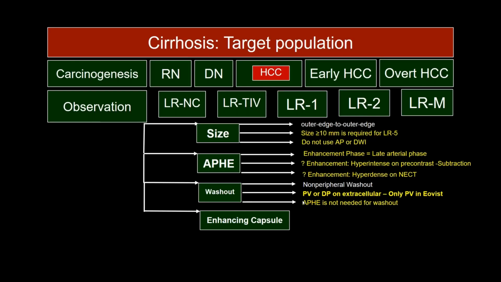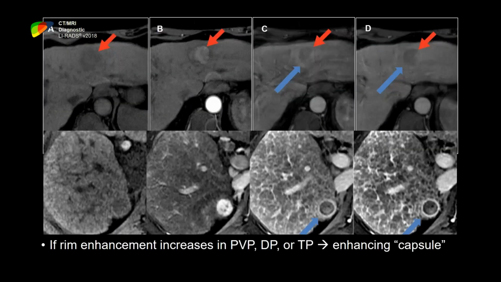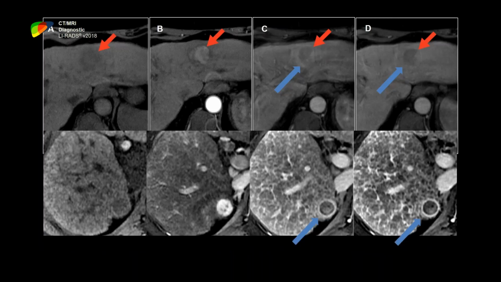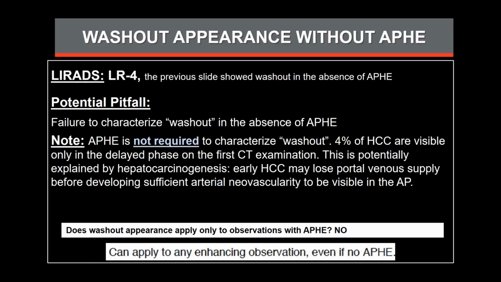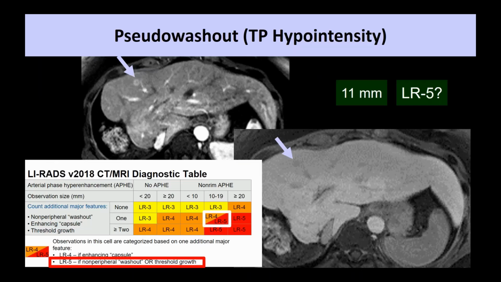It was a CT in the right lobe of the liver. There was an observation that measured 15 millimeters in the arterial phase, but measured less than 15 millimeters on the delayed phase. Oh, okay. And there was corona enhancement.